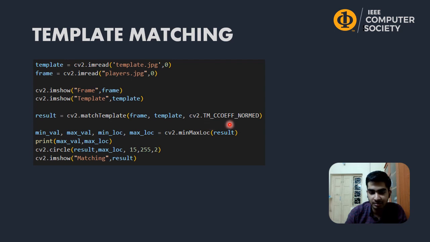Here we are using TM_CCOEFF_NORMED. This function takes the template and slides through the whole image and compares the values and stores it in the form of a result variable.